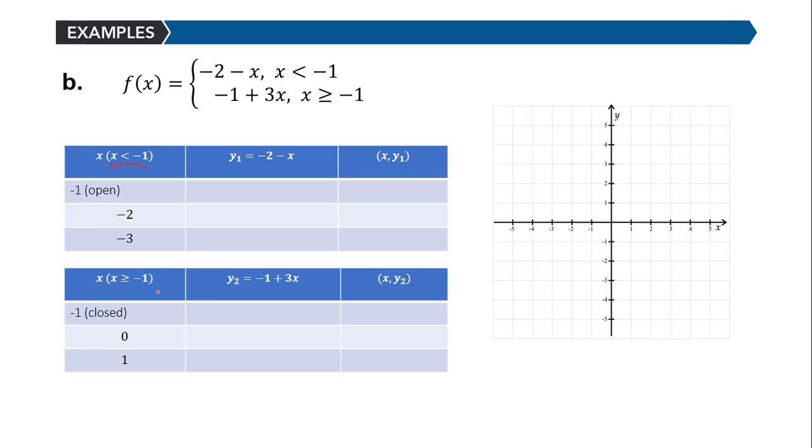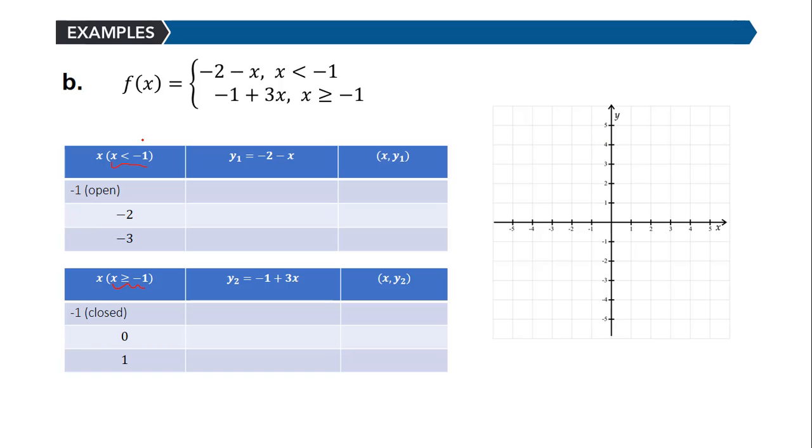And then in my second table, I have x, but it's defined only for x greater than or equal to negative 1. And the y value for that piece is negative 1 plus 3x. So in my first chart, I have to put the endpoint of negative 1, right?